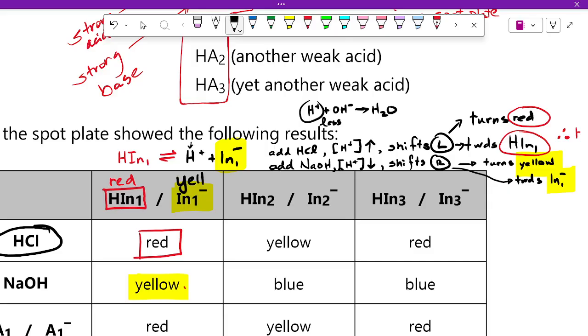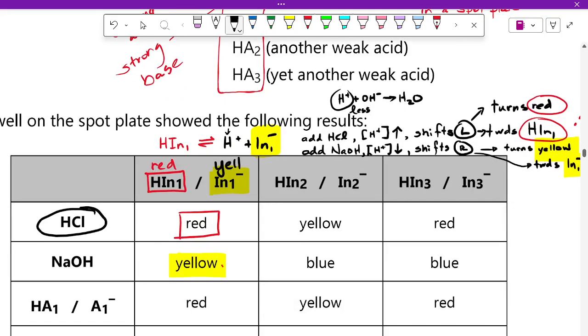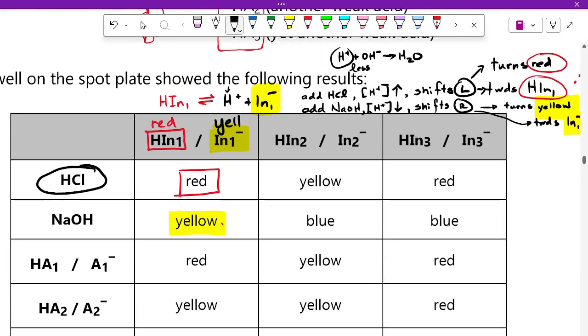You're going to do the same thing for HIn2 and In2 minus, HIn3 and In3 minus. Can you go and figure those out using the same logic? If you need to write things out and there's not enough space on here, please feel free to get yourself a piece of scrap paper.